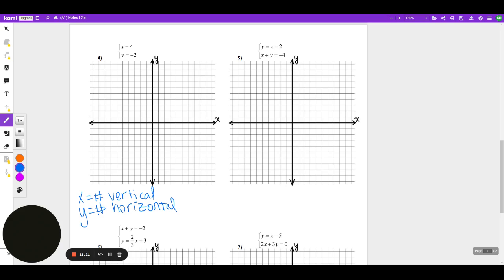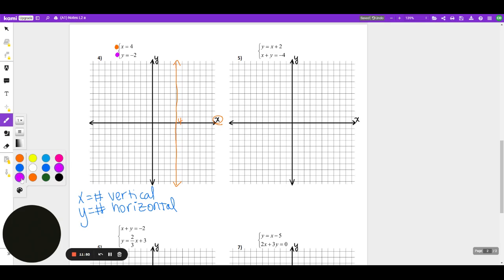So I'm going to go ahead and graph again. The top equation we'll do orange, and the bottom equation we'll do in purple. So my top equation, x equals 4, is going to be a vertical line at my x value of positive 4.